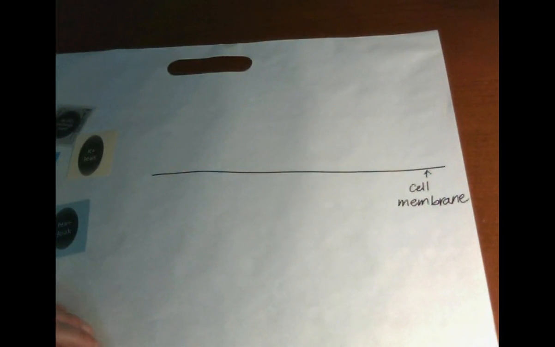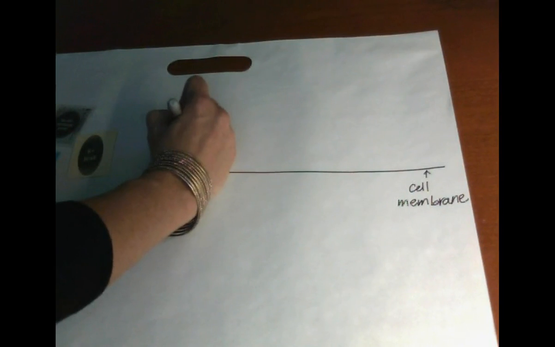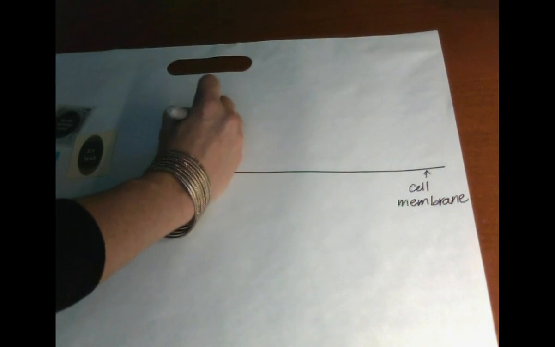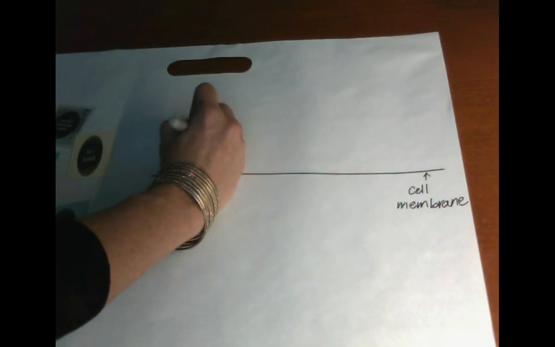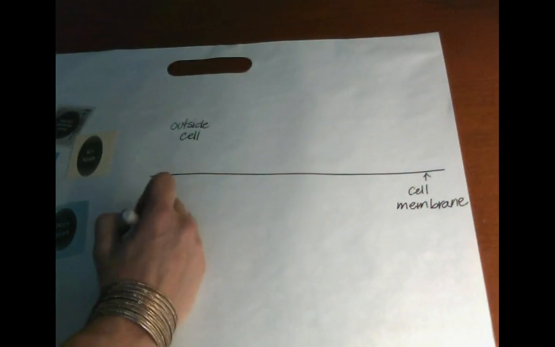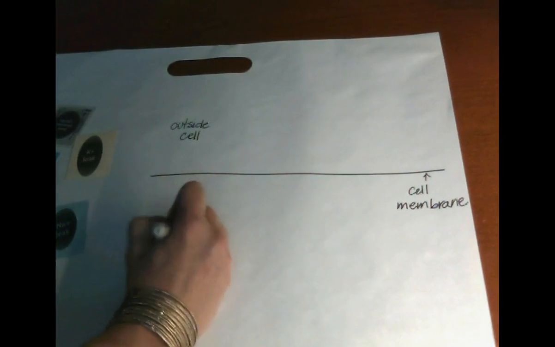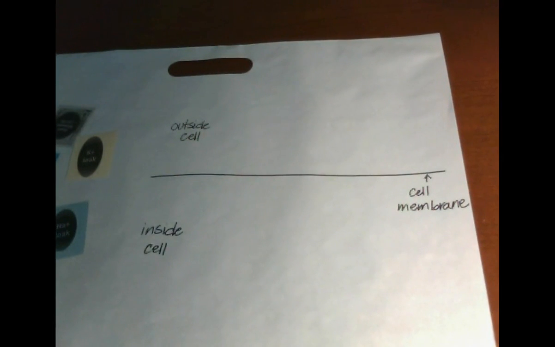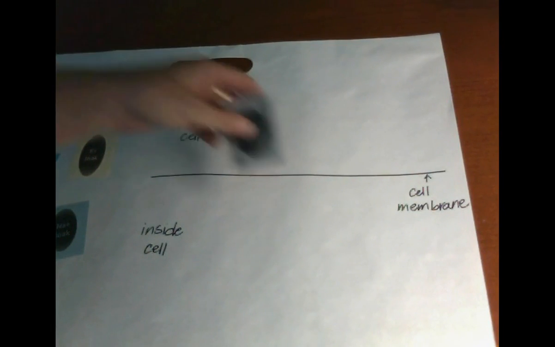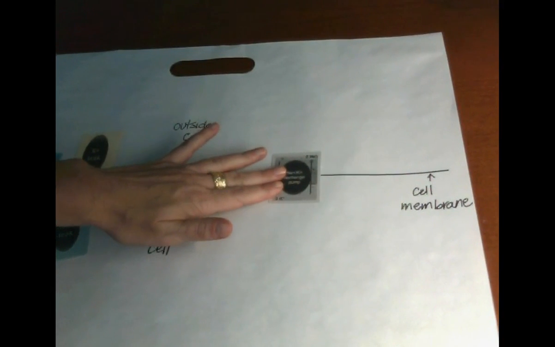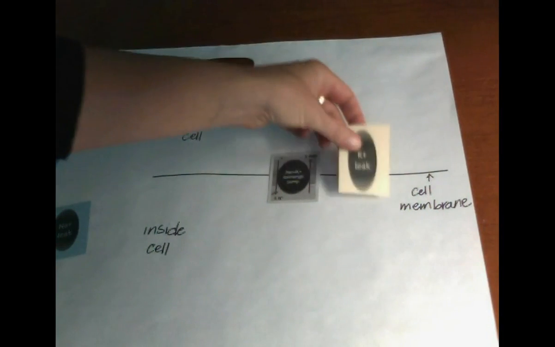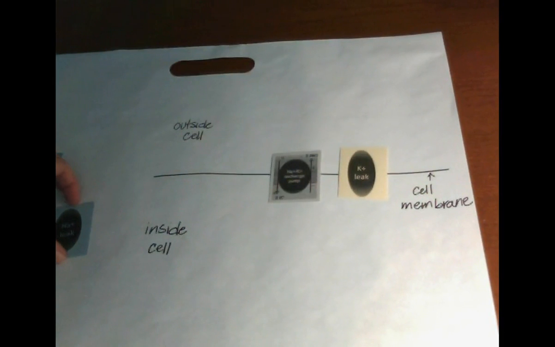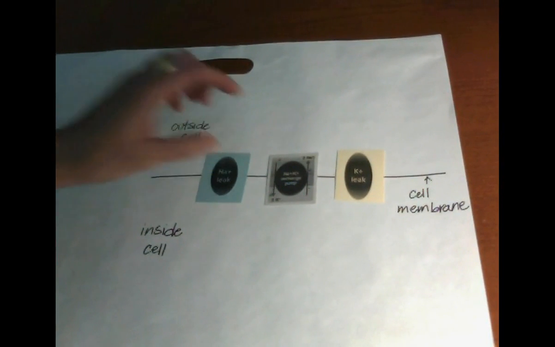of the neuron. Now I'd like to make sure that I label the outside of the cell as well as the inside of the cell. Now what we're going to do is place each of these channels and pumps in the membrane. So there's the exchange pump, here's the potassium leak channel, here's the sodium.